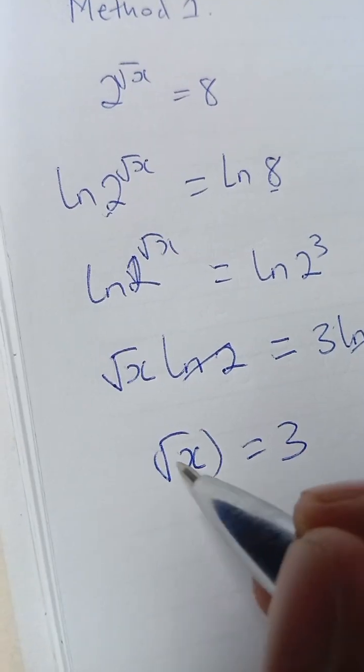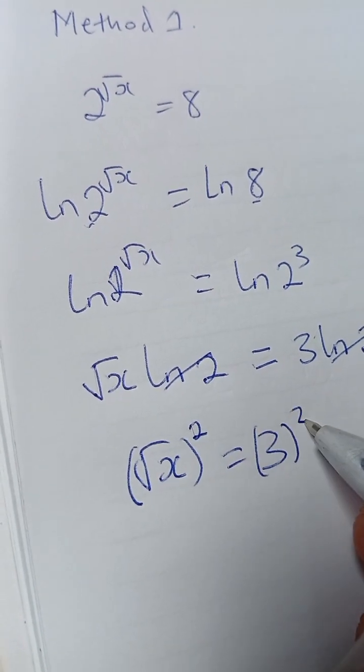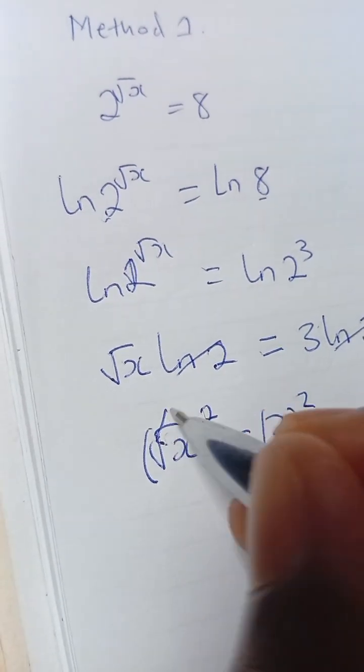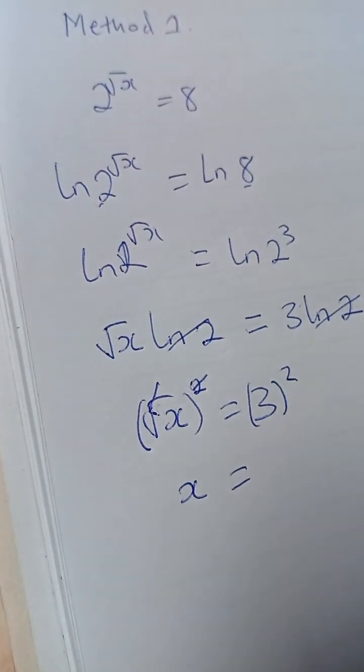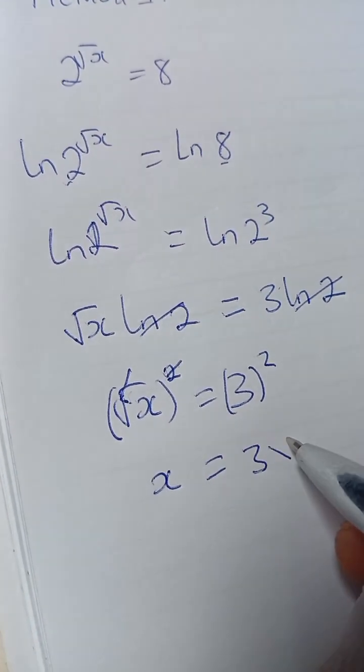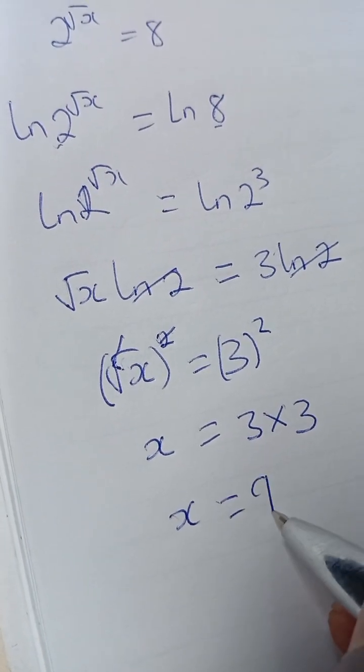If we square both sides, the square root would cancel with the square, and then 3 raised to the power 2 is the same thing as 3 times 3, and x is equal to 9.